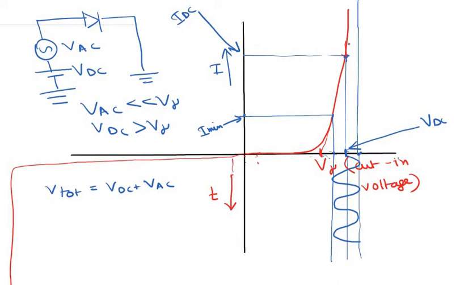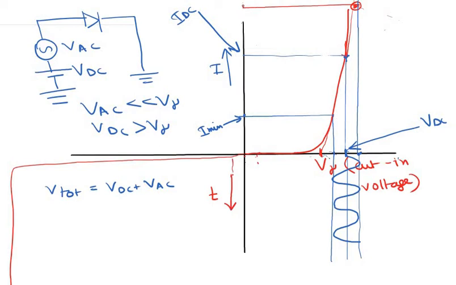Let us assume that the IV characteristics of the diode goes like this, and that this is the point of intersection. To get the maximum diode current, we map this to the current axis over here.